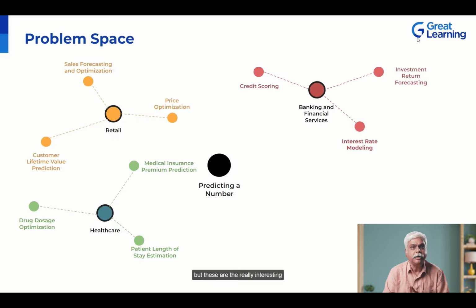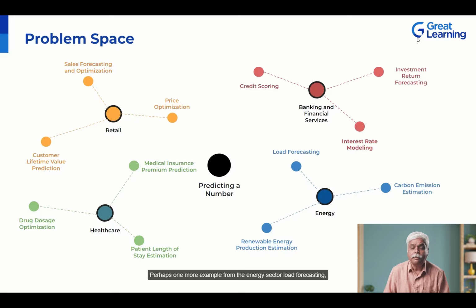But these are the really interesting business problems that can be solved. And the point of linear regression is that the methods to use for these problems are essentially the same. They all are: give me a set of inputs within my problem space, and I will use them to predict a number that is meaningful for my application.